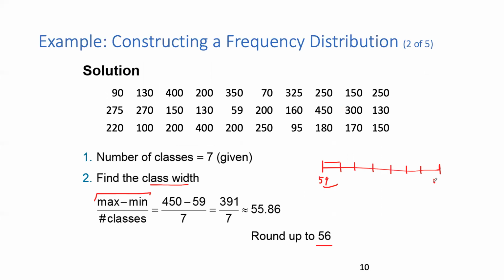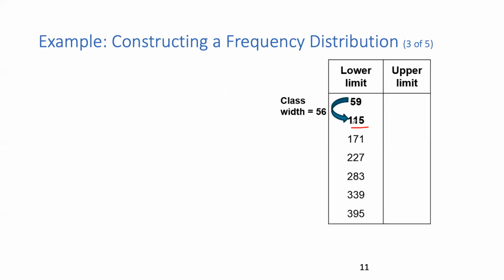Now I know that all these numbers are whole numbers. There are no decimals, no fractions. So what I want to do is make sure that I have mutually exclusive classes. If I imagine the number 115, I don't want 115 to be in both the first class and the second class, because I wouldn't know where to sort it.